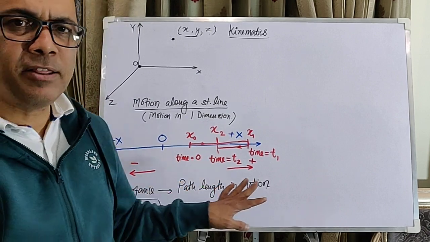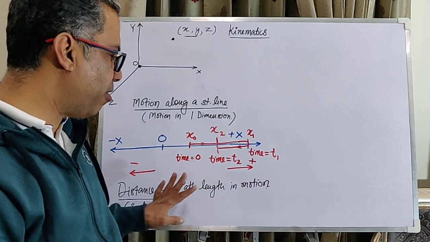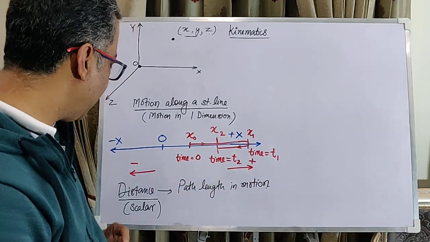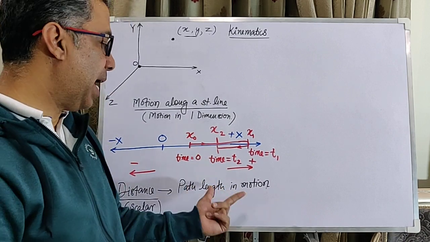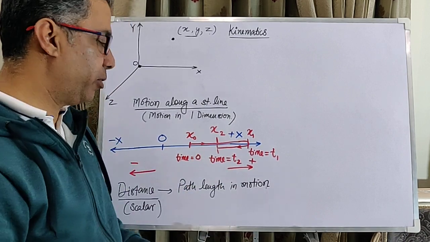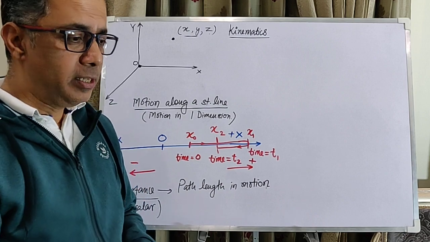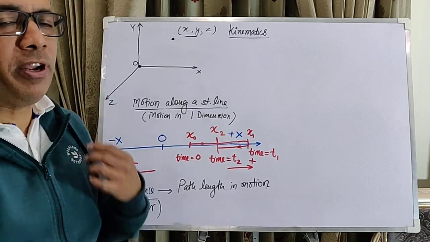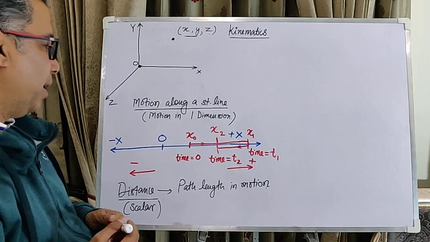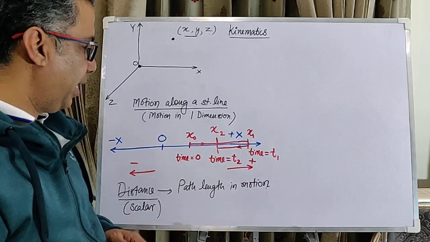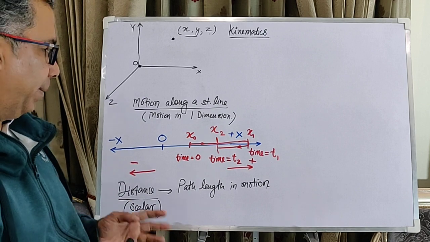Distance is simply the length of path and it does not have any direction. It's a scalar quantity and it can never be negative. It's always a positive quantity, since there is no notion of a negative distance. Distance can only be positive. And as I said, it's a scalar quantity.